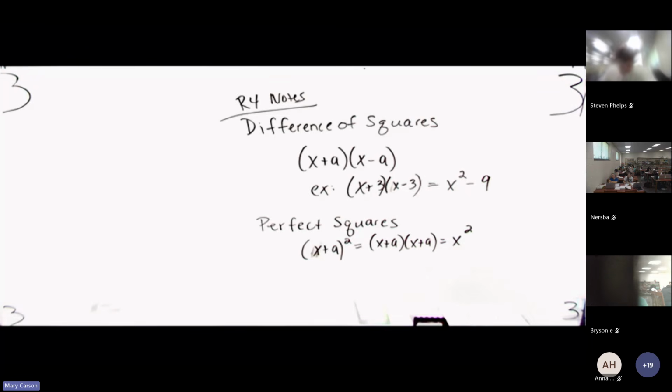So you square the first term, you do two of the middle terms, you square the last term, and it's all addition. And so an example of that would be x plus 3 squared, which would just be x plus 3 times x plus 3, which would end up being square the first term, 3x plus 3x, which will be 6x, and then square the last term. And that one's called perfect squares.